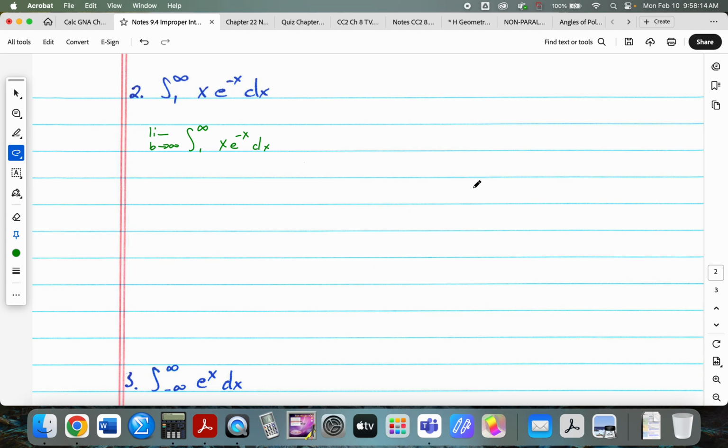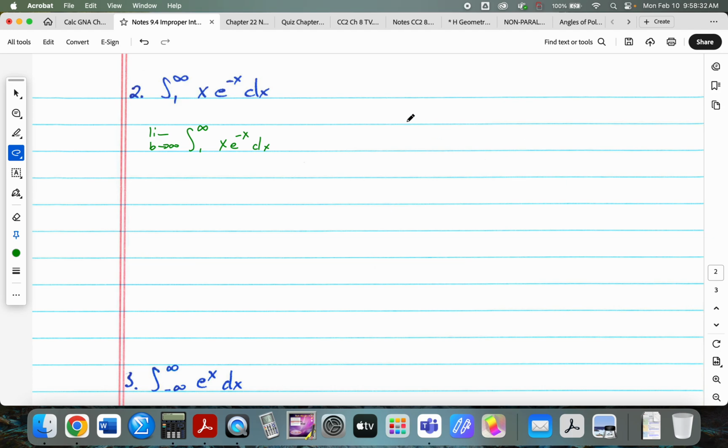Now, how are we going to evaluate this particular integral? Which of our techniques of integration are we going to use there? By parts. Yeah, we've got to do it by parts.